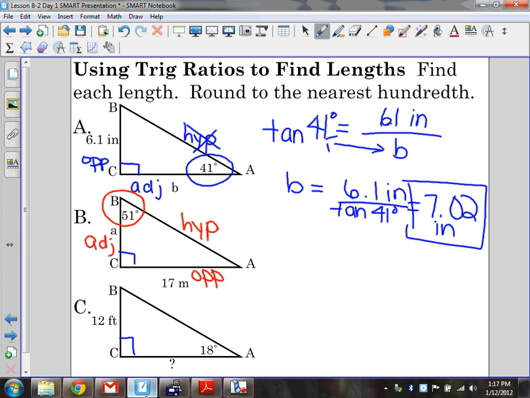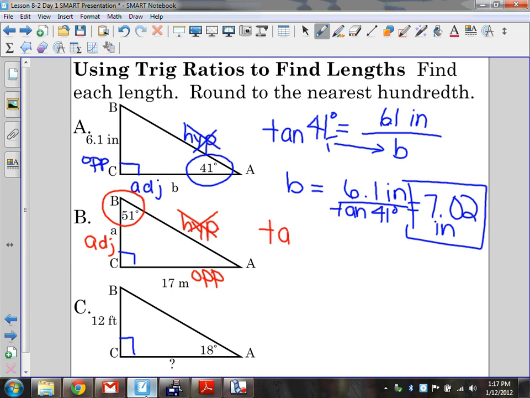The hypotenuse is still the same. That always was. We're not given any information about the hypotenuse, so we're not going to use it. So that tells us that we're going to use tangent because we're solving for the adjacent and we're given the opposite. So we have tangent.